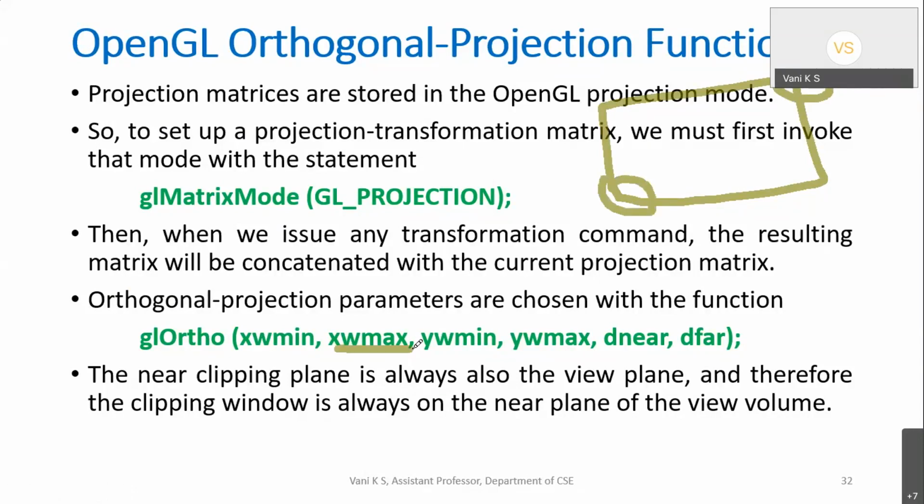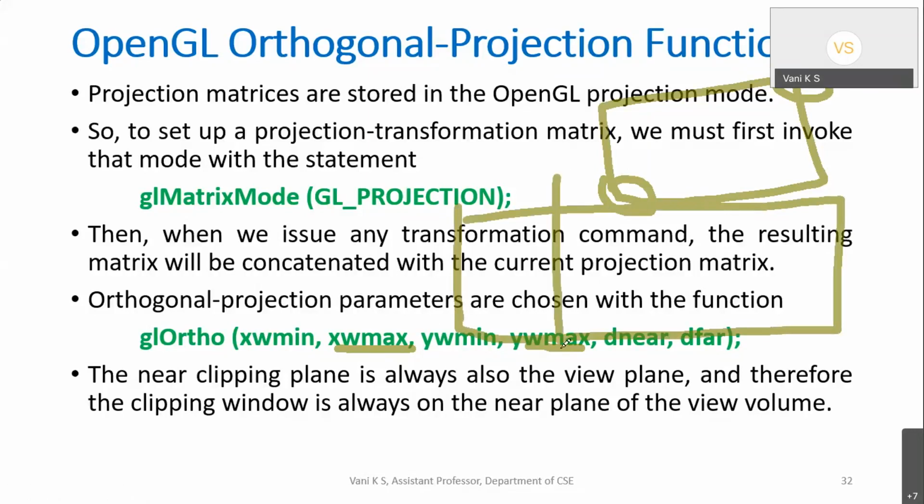And what is the x max and y max? Because the rectangle will be referred to by those only. And what is the distance of the near plane and what is the distance of the far plane? That is in a parallelepiped. If it is like this, where should I place the near plane and where should I place the far plane? So we call them the near plane and far plane.